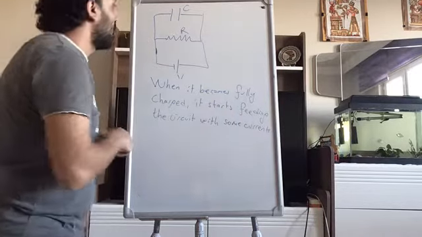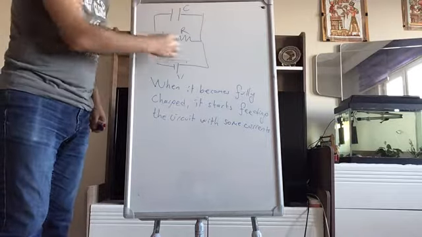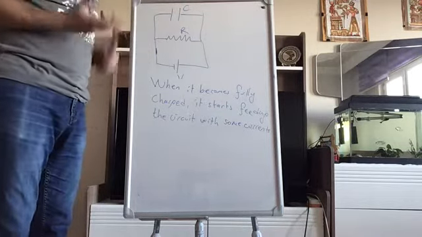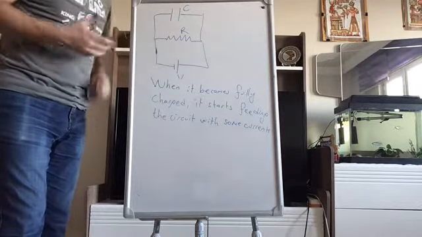What it means, for instance, is that when I connect an empty capacitor into the circuit with a resistance, it doesn't give anything to the resistor because it is empty, it has nothing to give. But after some time it's going to be fully charged.